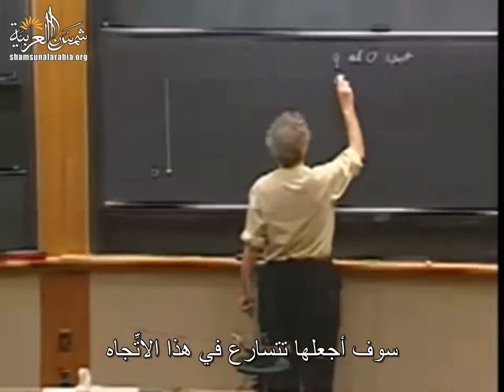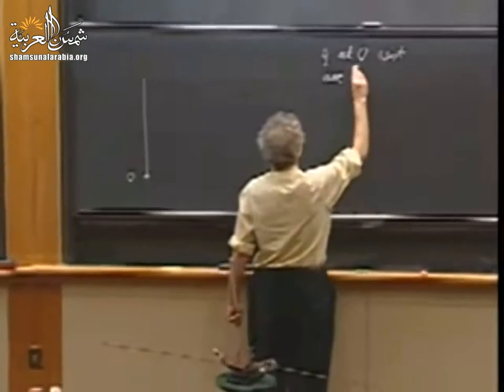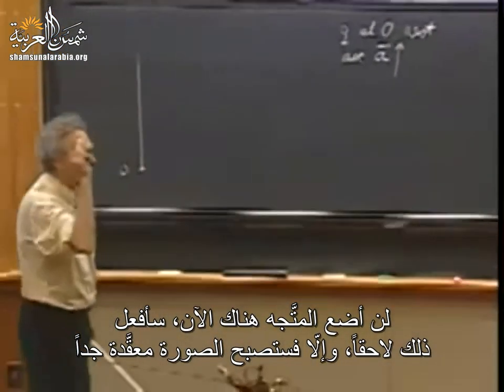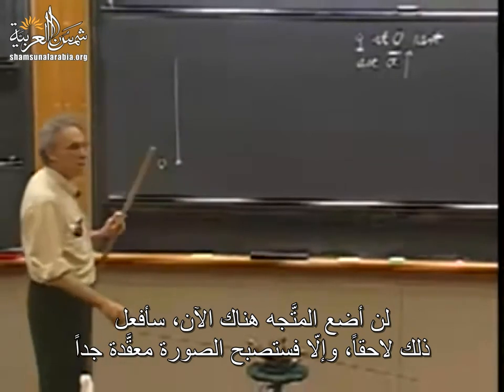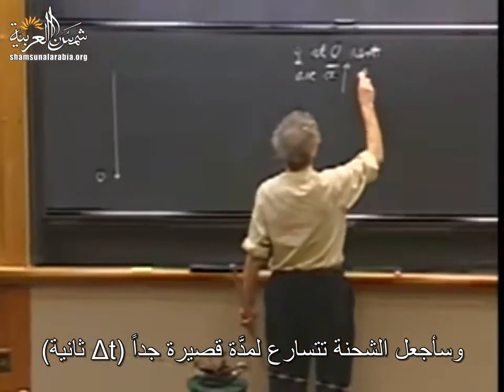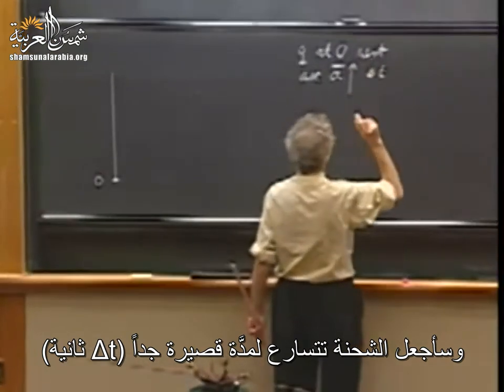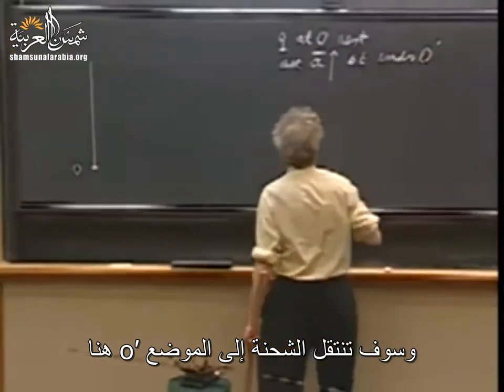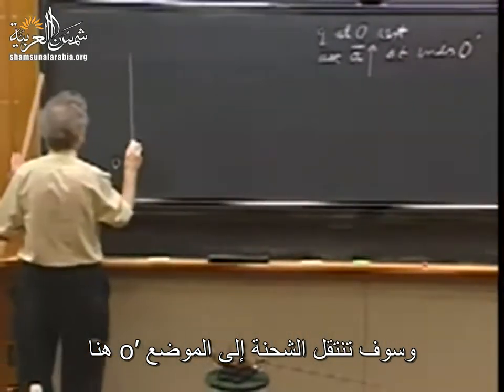So I'm going to accelerate it with an acceleration which is in this direction. I will not put the vector in there now, I will do that later, otherwise the figure becomes too complicated. And I do that for delta t seconds, only very brief. And then it ends up at location O prime, which is here.